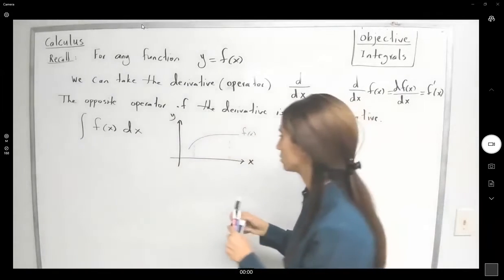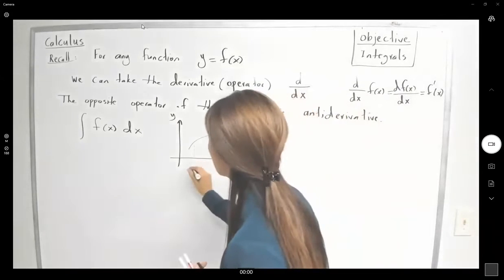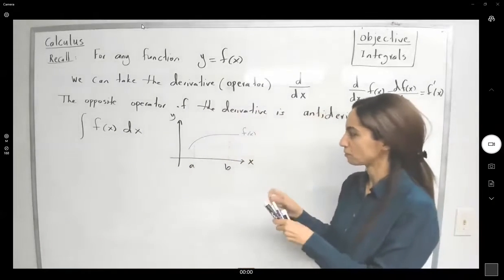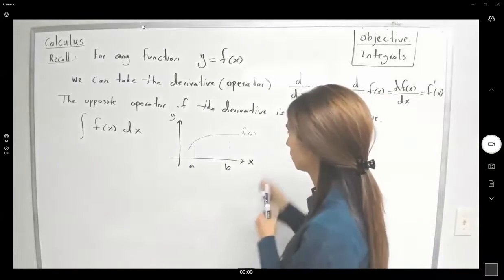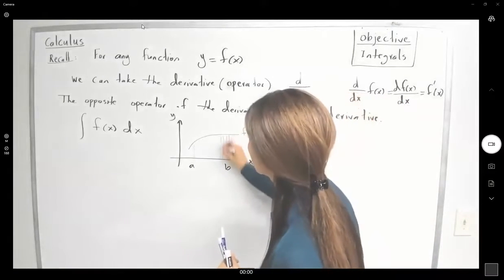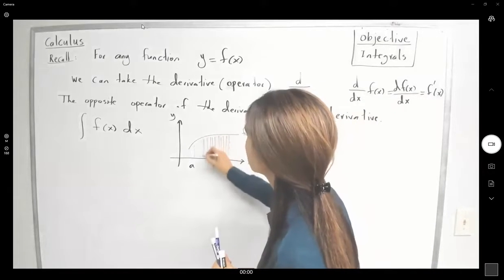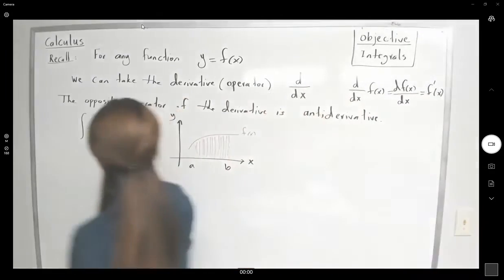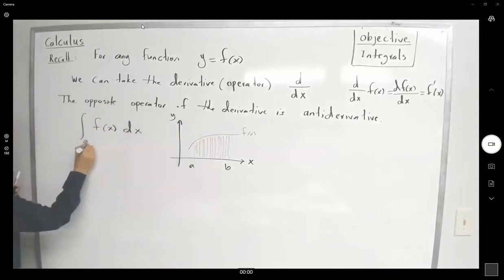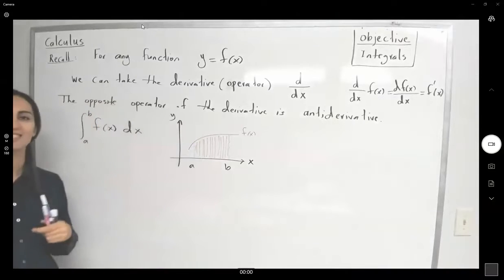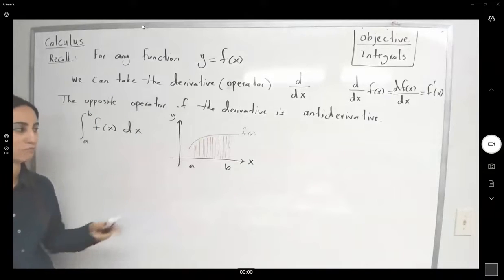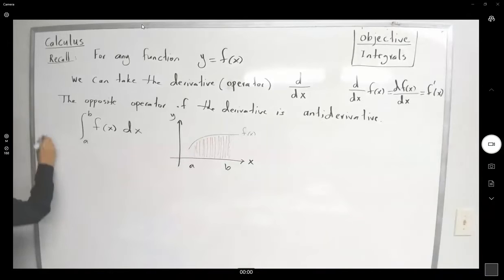So I have a definite integral, a definite area. The area below the graph of f, when x is bounded between a and b, is the integral of the function. Again, this is just one of the instances of integral, the area.